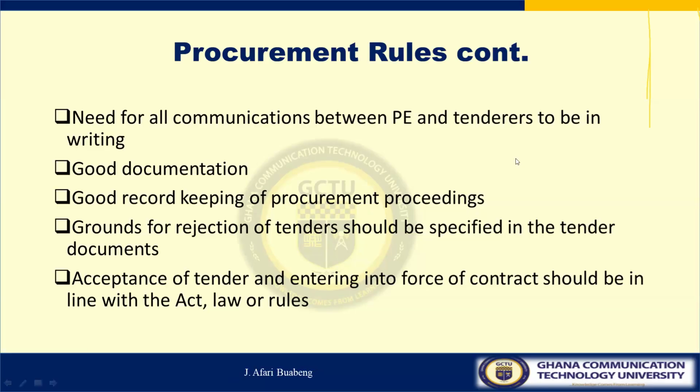Sir, please, I want to find out something. I think in the earlier stage, you were saying that sometimes you can start the procurement process before you go for approval, and if you don't take time, they will disapprove. As a procurement officer, before you start the process, won't you seek approval from your head or whoever is to approve for you?